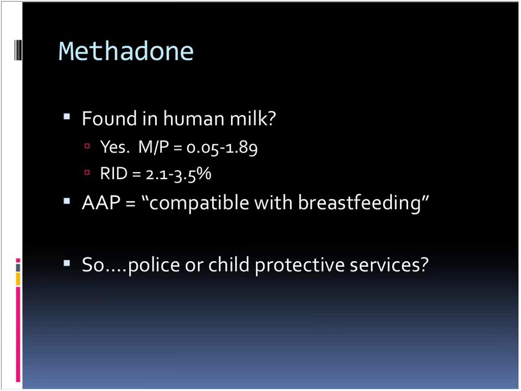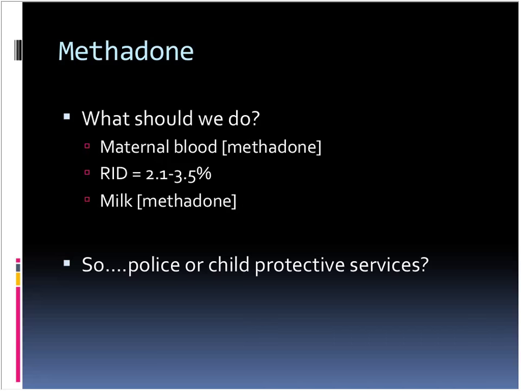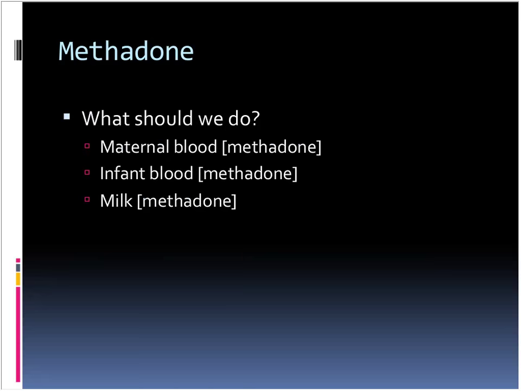AAP considers it compatible with breastfeeding. So what happened? If it's compatible with breastfeeding, then what happened? Was this child poisoned with methadone? Did this child find methadone and ingest it? Certainly doesn't seem that way by history. So what should we do? We should get maternal, infant, and milk concentrations, and we'll try to figure out the truth from there.